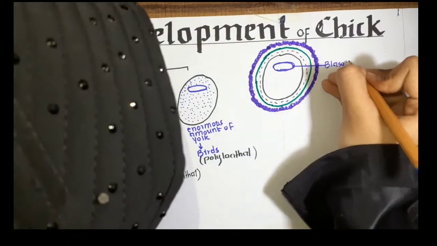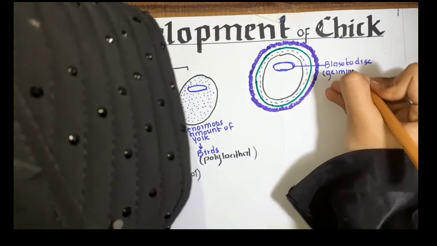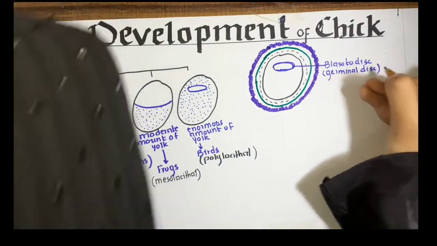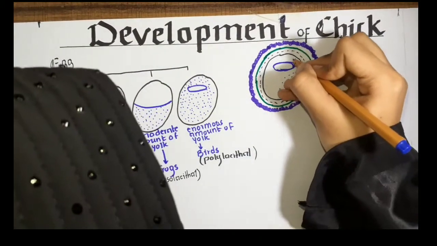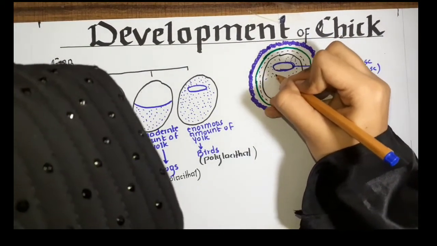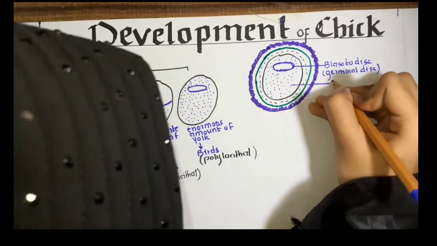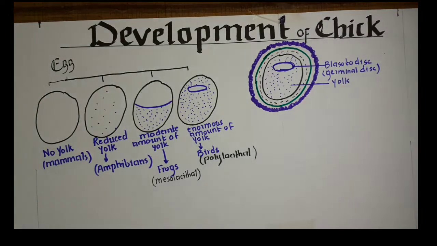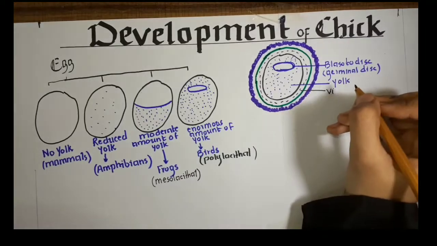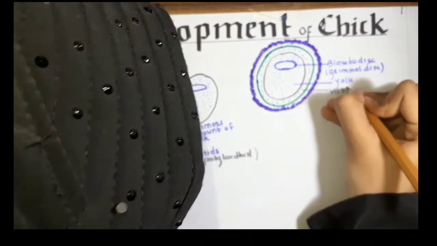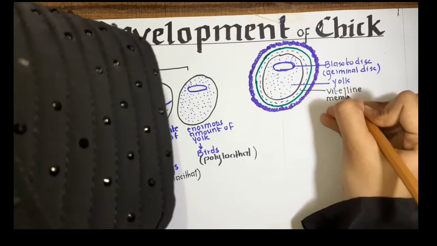So this upper part is called the blastodisc, which is living material. This dotted membrane: before it, all of this will be filled by the yolk, and this dotted membrane is called the vitelline membrane.